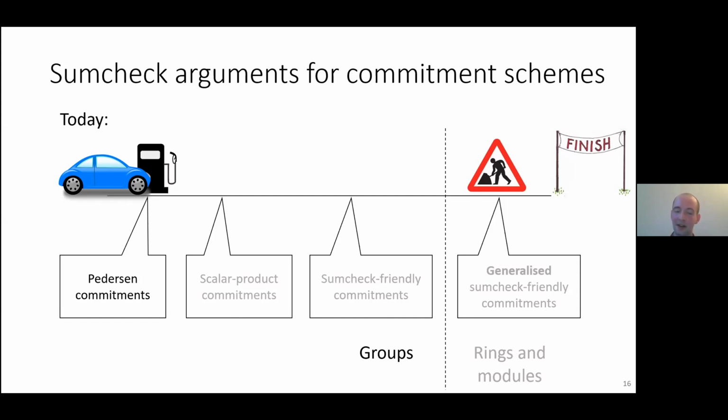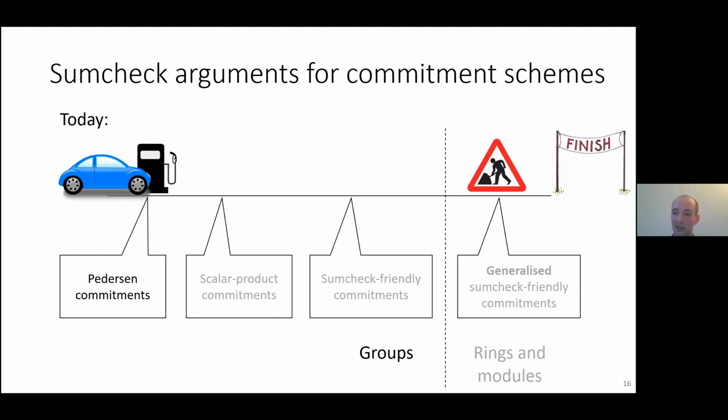So I'll start off by talking about Pedersen commitments and their connection to sumcheck arguments. Then we'll talk about scalar product or inner product commitments. Then we'll generalize a bit further up to sumcheck-friendly commitments. Up to that point in the talk, we'll just be talking about groups and finite fields, the same cryptographic setting that normal Pedersen commitments are defined in.